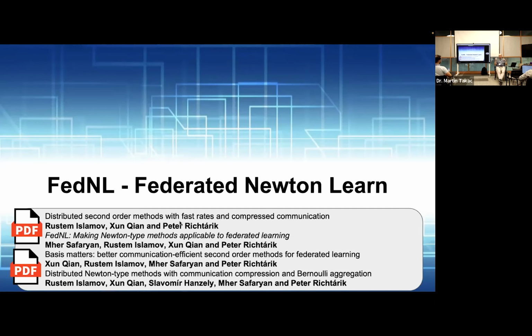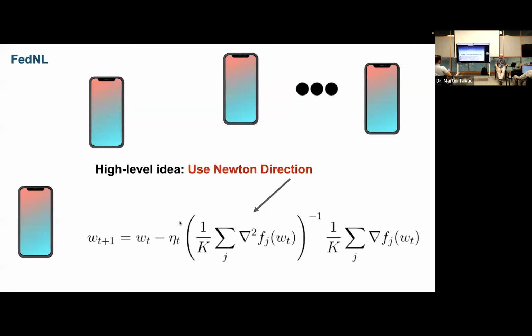So one idea to make this much more efficient, computationally or communicationally, is to use Newton's method. Because if you use second-order methods, you are using much more information, and therefore you will need only a few iterations.